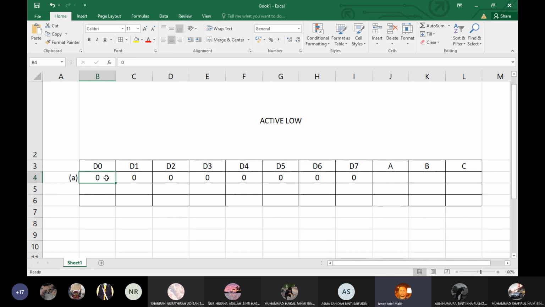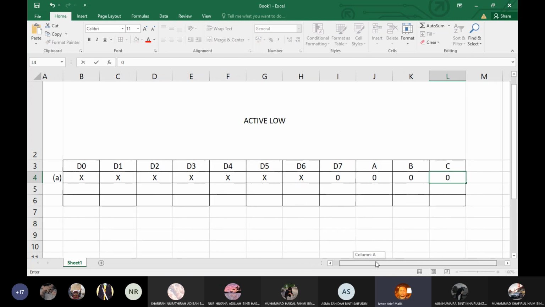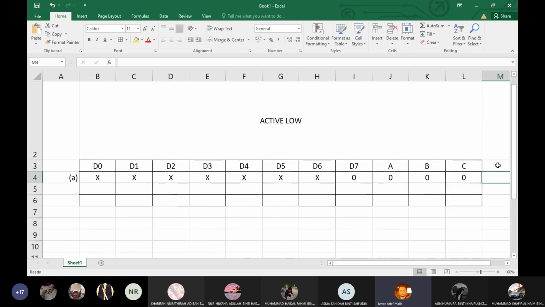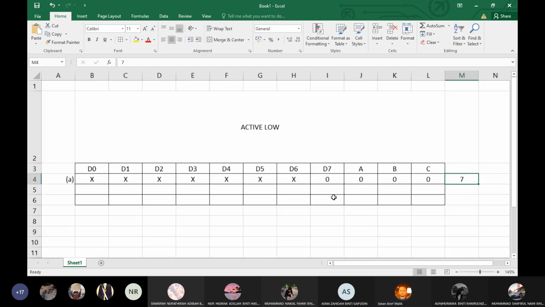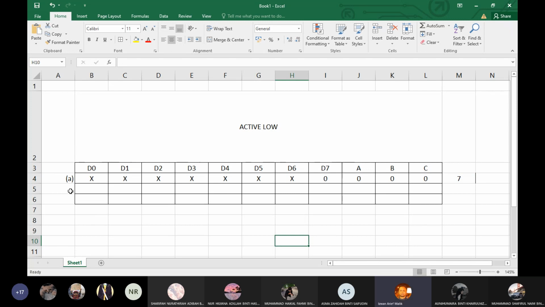So this one we treat as A, question A. This will be treated as don't care. This one is the highest priority, so the output will basically become 0, 0, 0, which in decimal is the number 7. So that is A. Okay, B next.